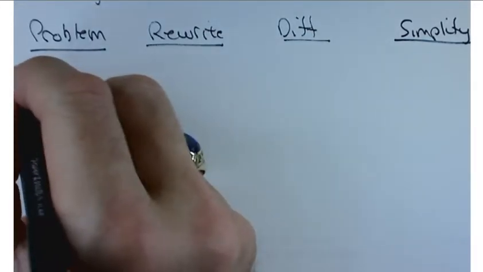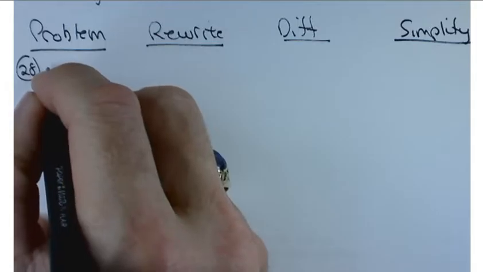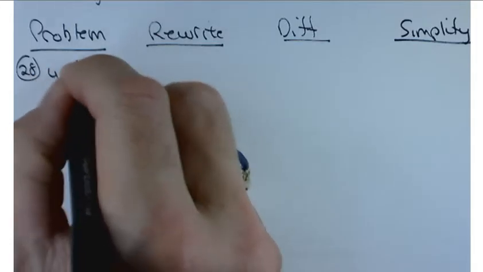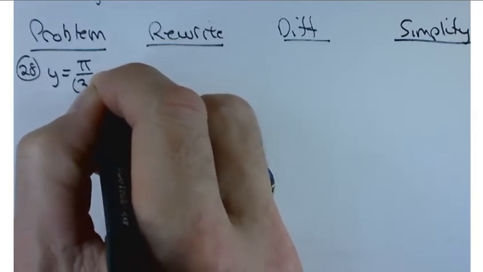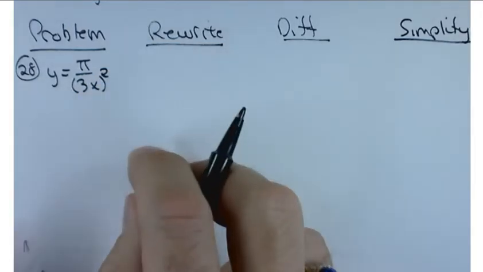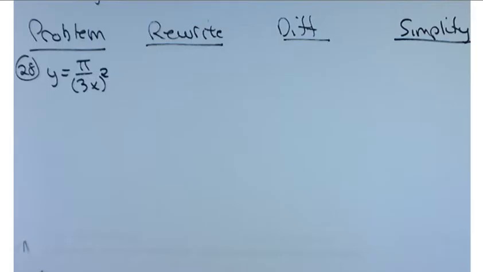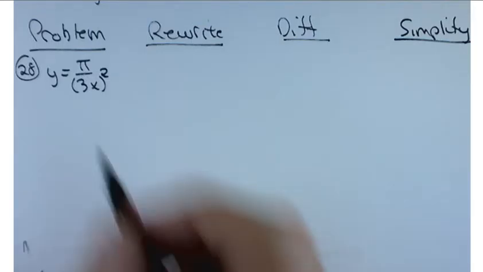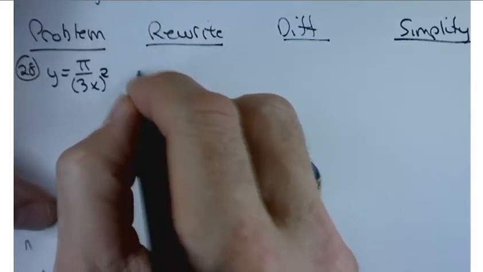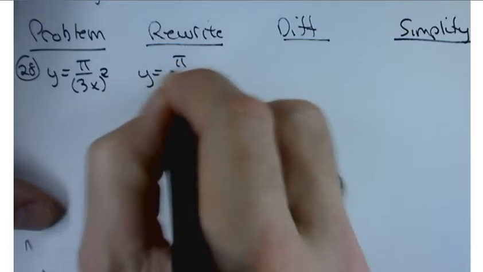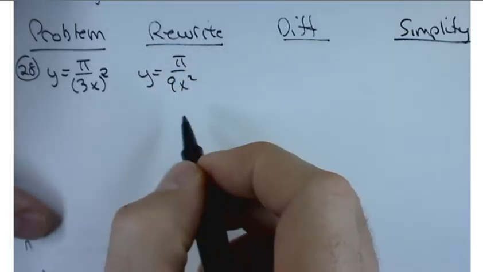For problem number 28, we have y equals pi over (3x) squared. That's quantity squared. In order to use our rules for differentiation, you're going to have to rewrite this. So the first step might be to say, all right, that's pi over 9x squared. And be careful.